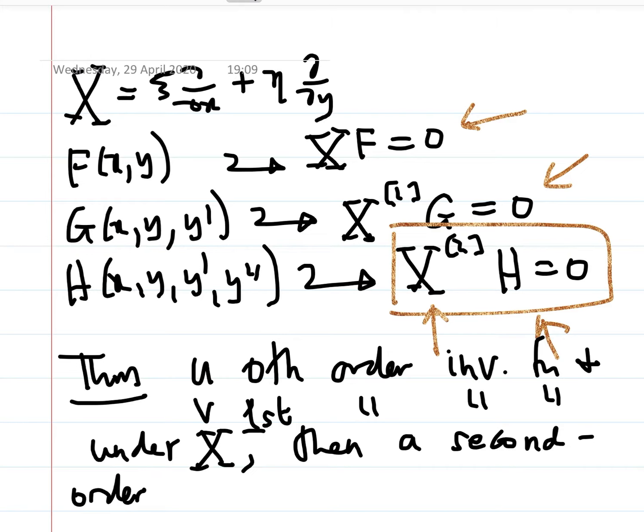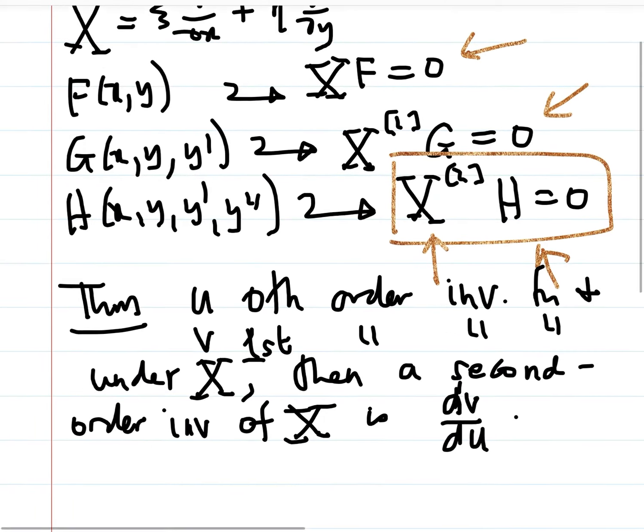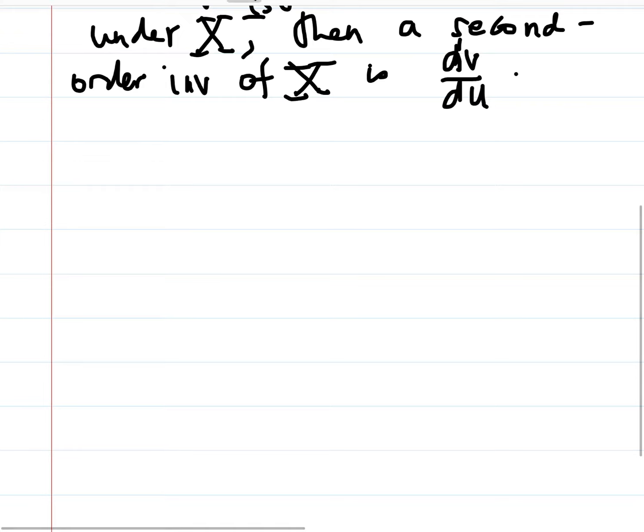We just need to solve X2 on H equal to 0, but if we know the zero and first order, then a second order invariant under X is the derivative of the first order invariant with respect to the zero order invariant. And this theorem is important in the reduction of ordinary differential equations.